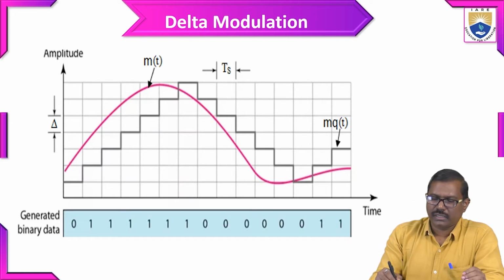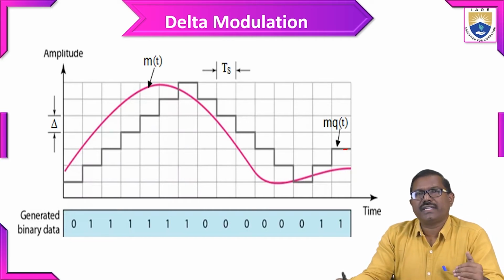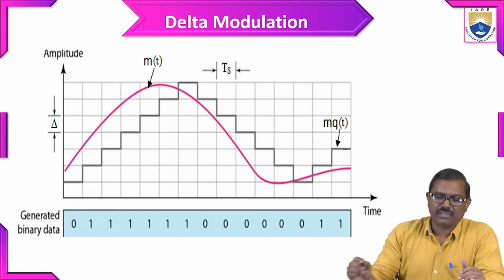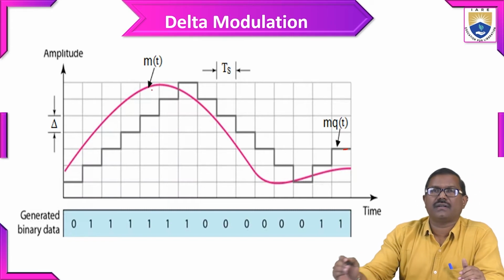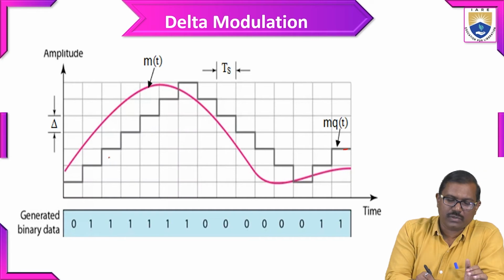So this is my mq of t, trying to track the message signal. This red line indicates the message signal. Here it is trying to increase the step size. So here this is my plus delta, here also plus delta, and this one is my plus delta.